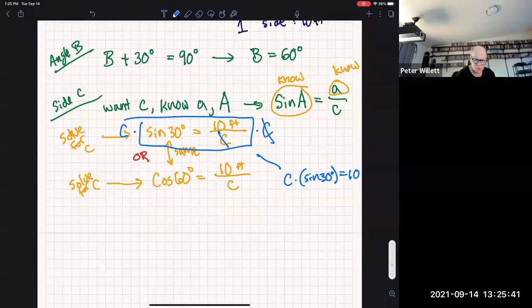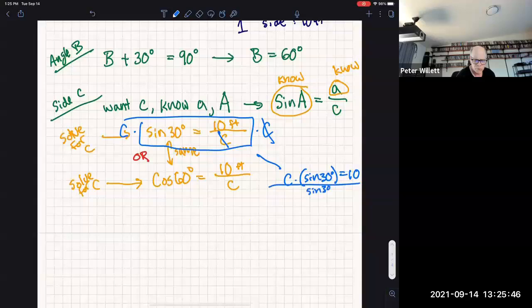So then to solve for C, I would divide by sine of 30, and those would cancel, and I'm left with C is equal to 10 divided by the sine of 30 degrees.